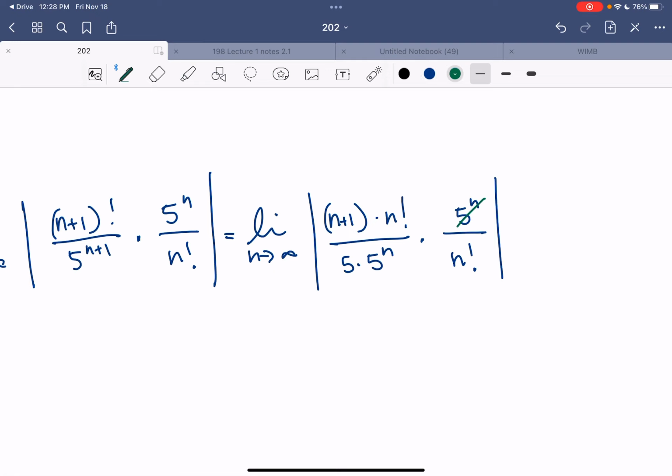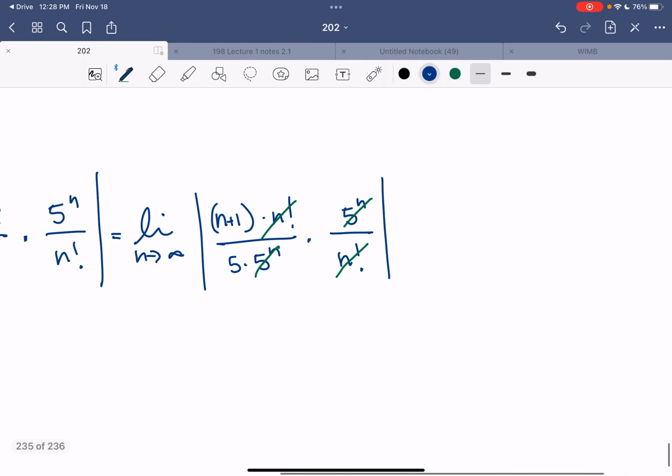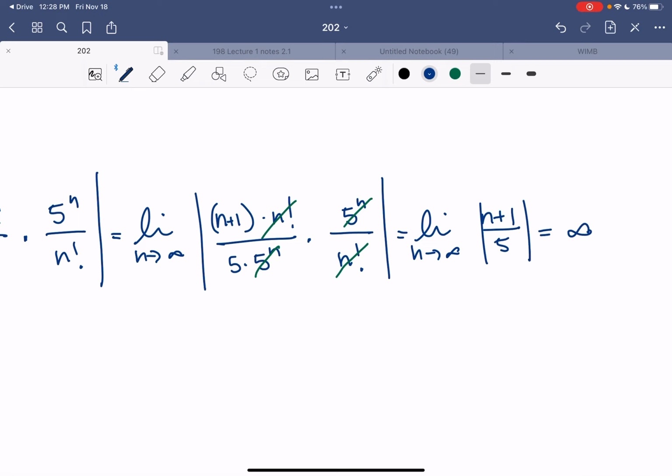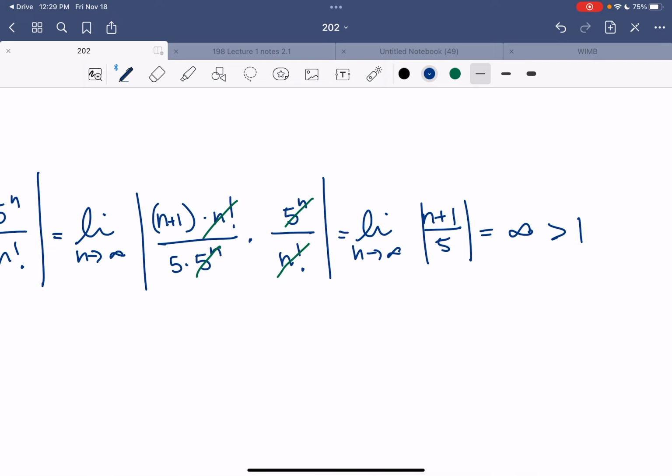That way, my 5 to the n's cancel, my n factorial cancels, and I'm looking at the limit as n goes to infinity of n plus 1 over 5. When you plug in your infinity, you get infinity, which means this is greater than 1, so this is divergent by the ratio test.